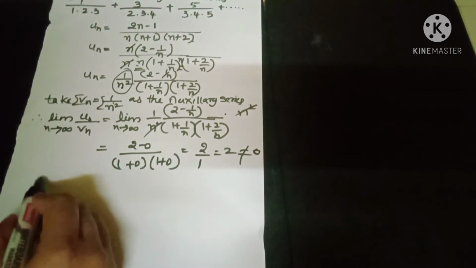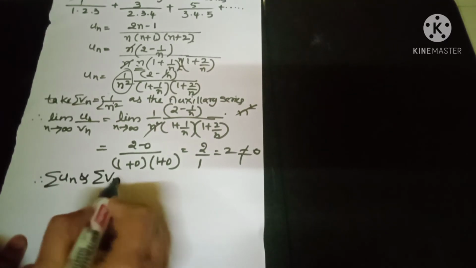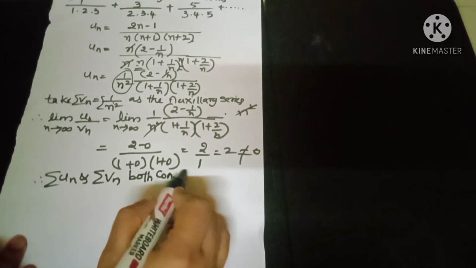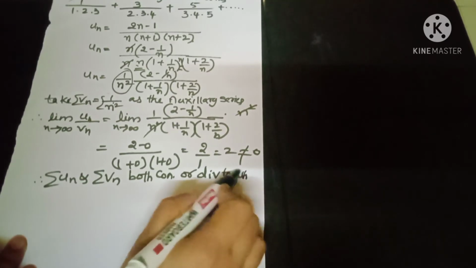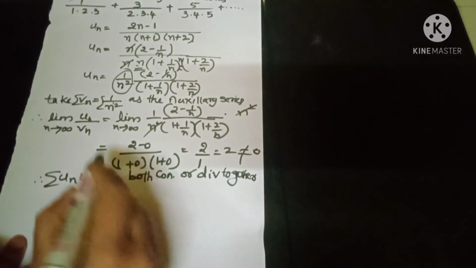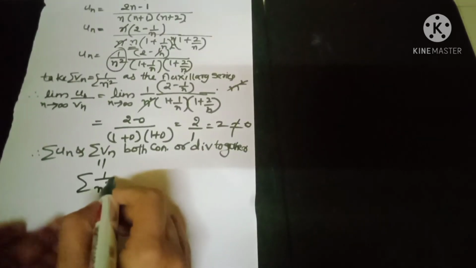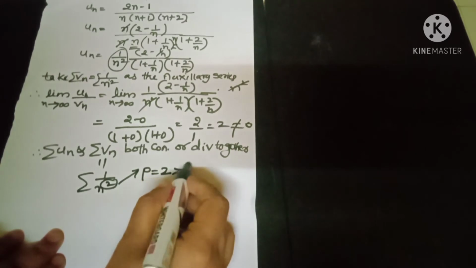Therefore, series un and series vn both converge or diverge together. But what happens to the series Vn, that is 1 by n square, where the p value is equal to 2, which is greater than 1.